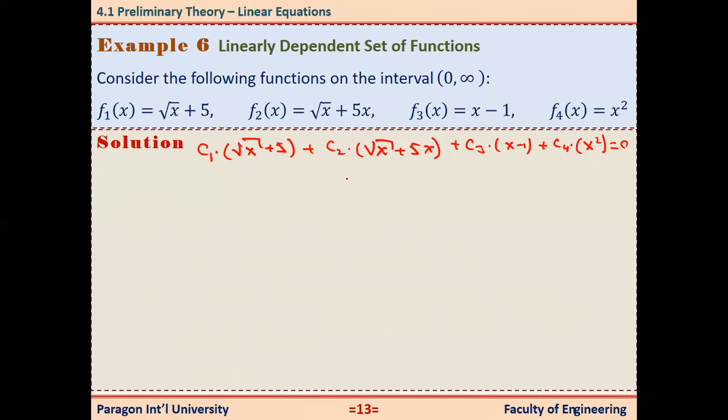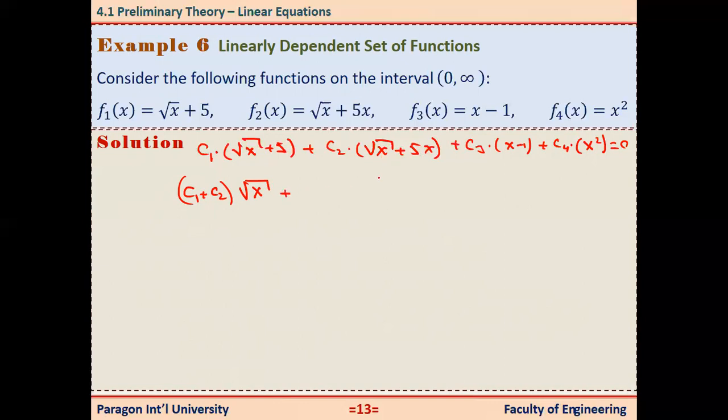Okay, how do we do this? The rest is just simple algebraic manipulation. First, I need to remove the brackets and write them in a simpler way. Here we have square root of x, and here I have square root of x. So I can just write it as c1 plus c2 times square root of x, right? And here we have 5c1. And how about x?